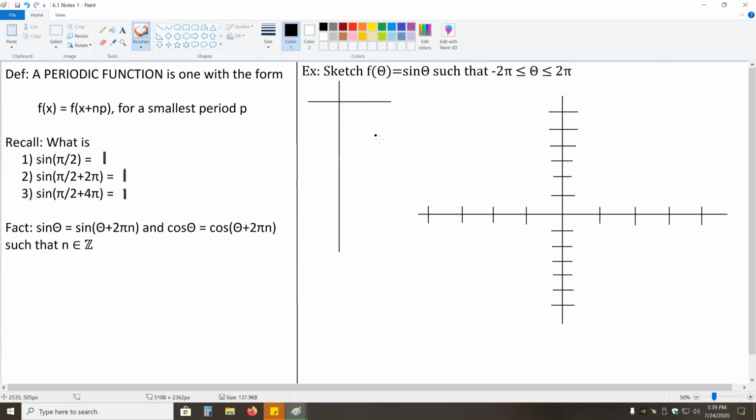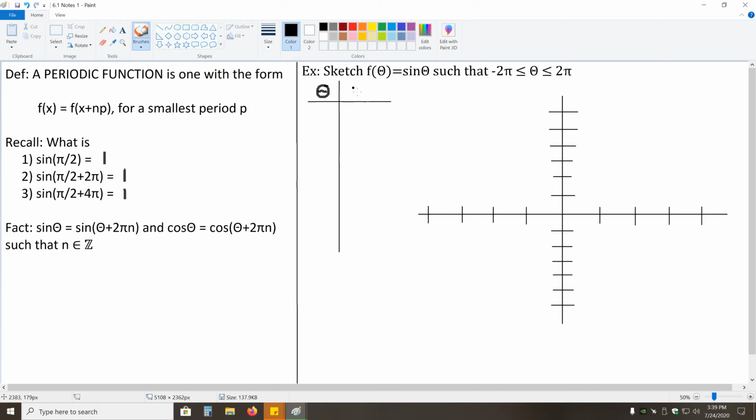So with all of that in mind, we now want to sketch f of theta equals sine of theta such that theta is between negative 2 pi and 2 pi. And the way we're going to do this is we're going to use our quadrantal angles. They cover basically everything we need to know about this graph.